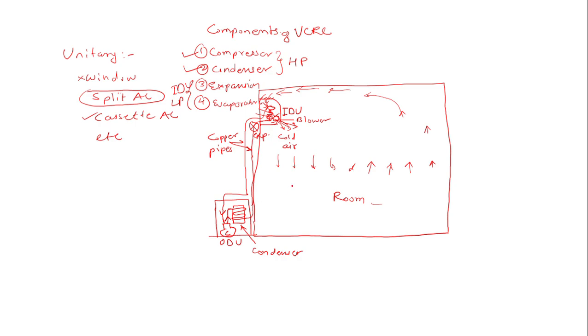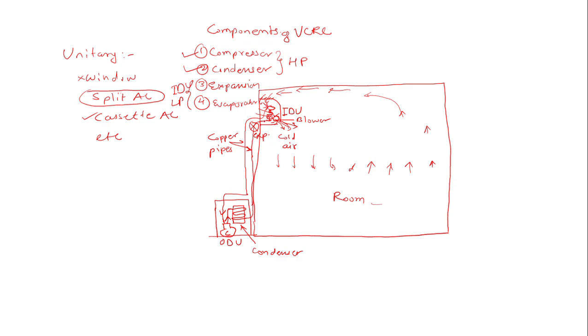So this is how the cold air initially absorbs the heat from the room, that heat is given to the refrigerant, and from the refrigerant the heat is ultimately rejected to the atmosphere. This is how the unitary AC works.